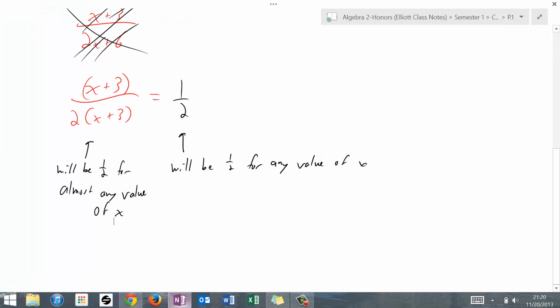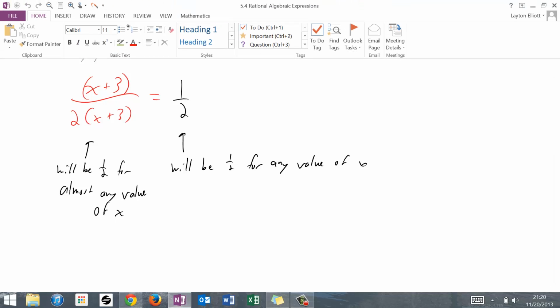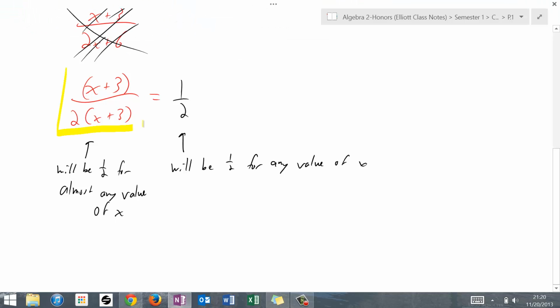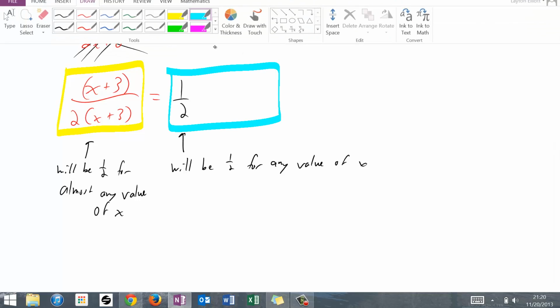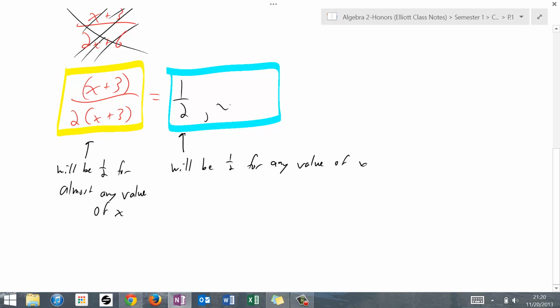So we're gonna make it true right now. I'm actually gonna make this true. How am I gonna do that? Well, if I'm gonna truly make that left side equal to that right side, I need to add a statement. I need to say that x is not equal to -3, or x cannot be equal to -3. Now they are truly, truly equal. Congratulations.